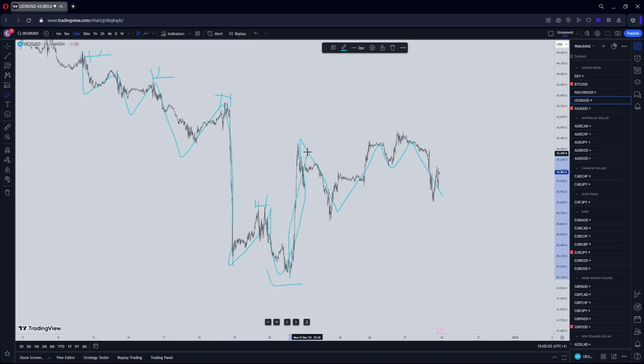Now, price broke this high. What confirms that price has broken? When price broke it, it came back and formed this point, but we don't know what this point is yet. Now, when price came and broke this one, this became a high. This became a low. That means the highs are now climbing.